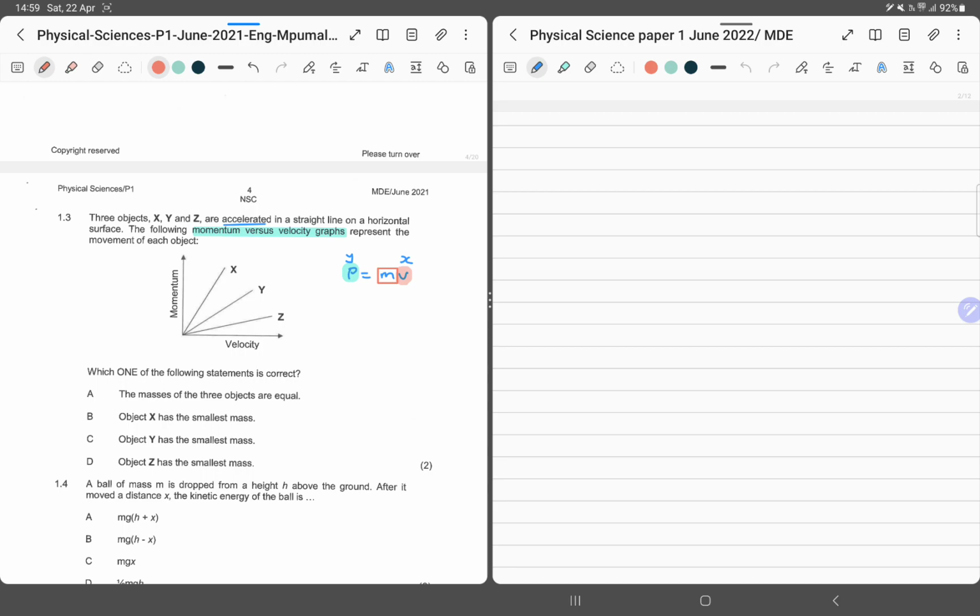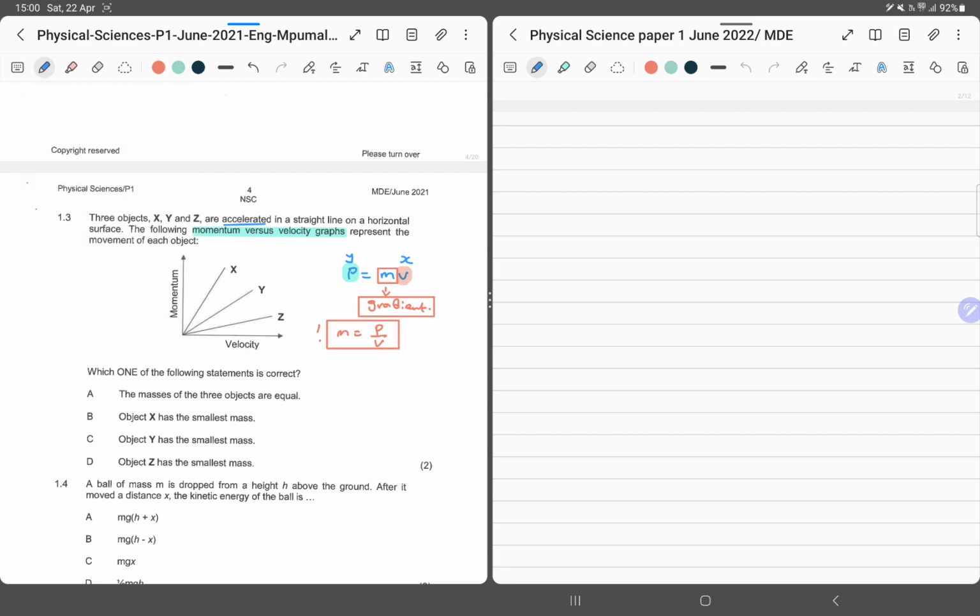So m becomes the gradient. And as you can see here, the gradient is quite constant because it's not changing. Great. So how do we make sure this is the case? We simply work out m here. We divide p by v. So that's how we find that expression that actually says change in y over change in x will give us the gradient. So that's what works the magic for us.